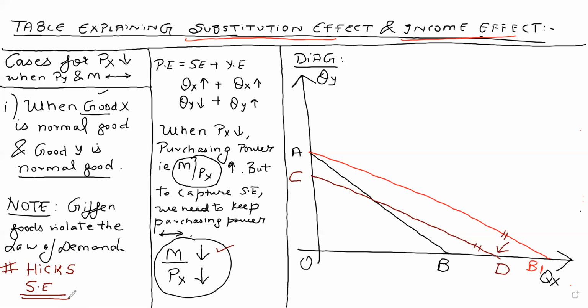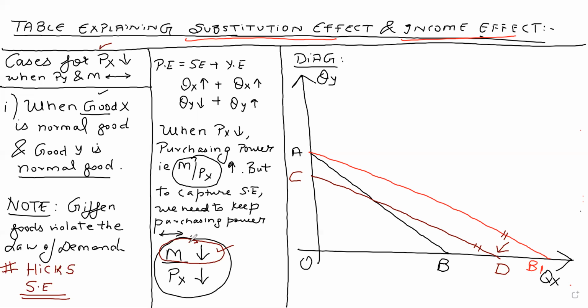He said that to capture the substitution effect, when the price of good X falls, take away that much income from the consumer so that he is on the same indifference curve. I am repeating it, guys. According to Hicks, when the price of good X falls, you take away that much income from the consumer so that he is on the same indifference curve.